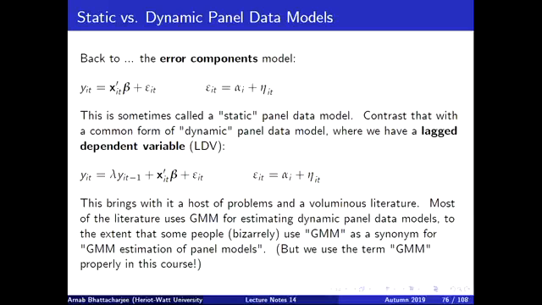Because suppose we could write down this error term in the error components form, alpha_i plus eta_it. I don't remember what notation we are following. Yeah, eta_it, is it?